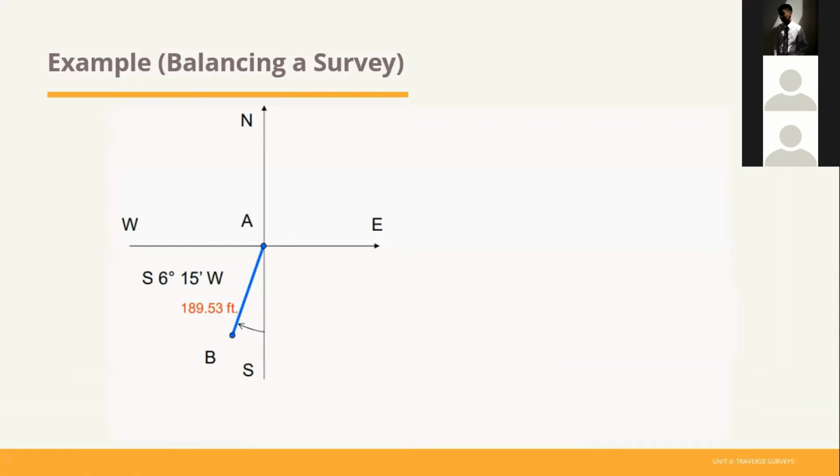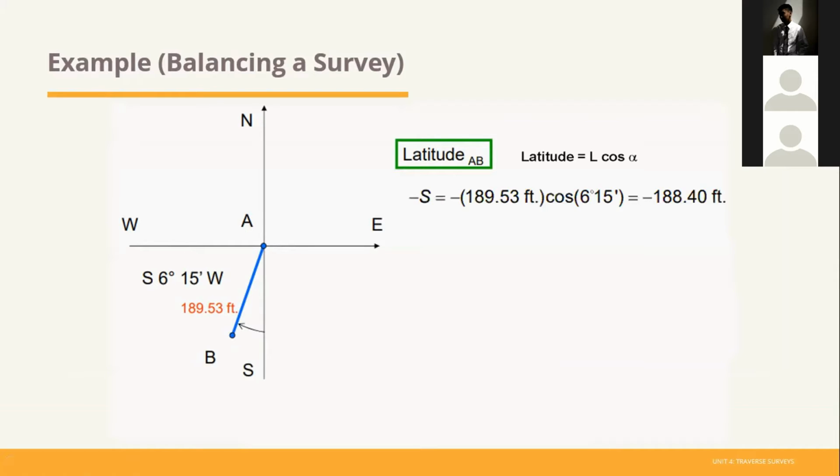Again, we get this line, the latitude, given the formula, negative 188.40 feet, and this will be the formula for the correction in the latitude of AB.